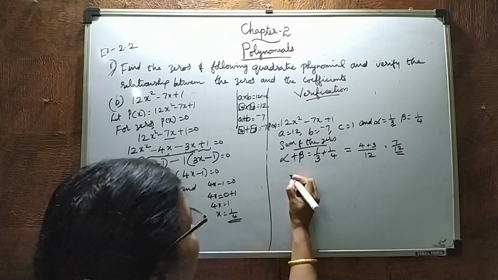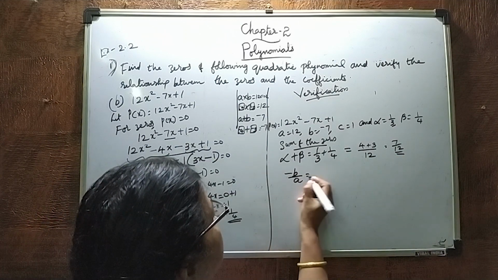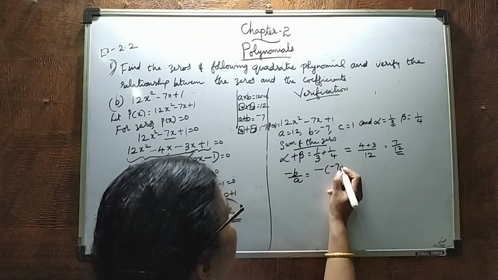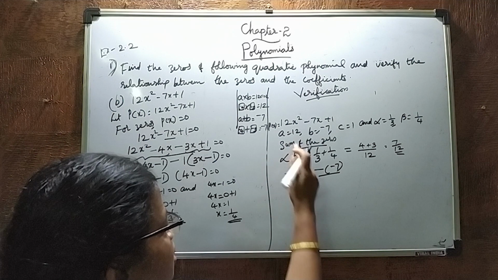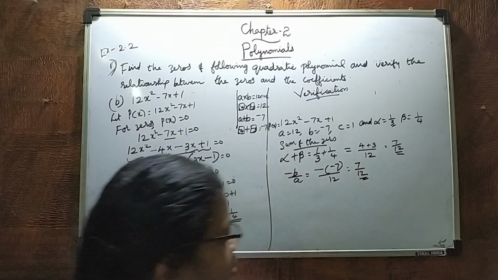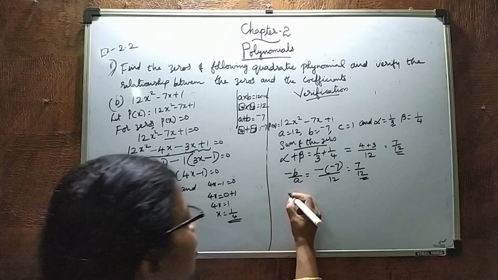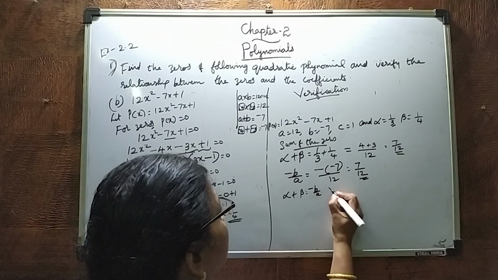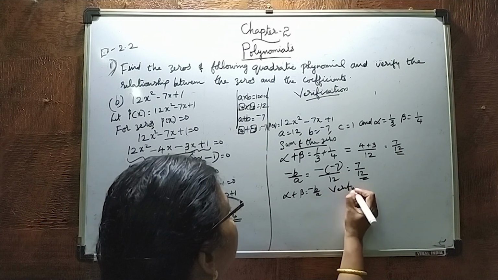What about negative b by a? Negative b is negative 7 divided by a is 12. Negative into negative, positive, you got 7 by 12. So alpha plus beta equals negative b by a is verified.